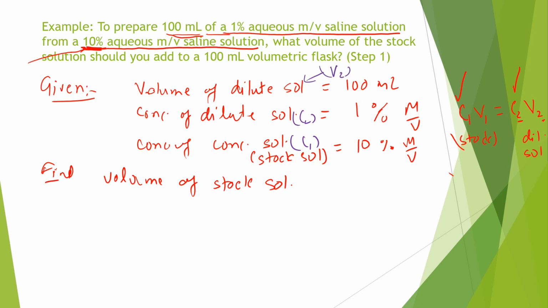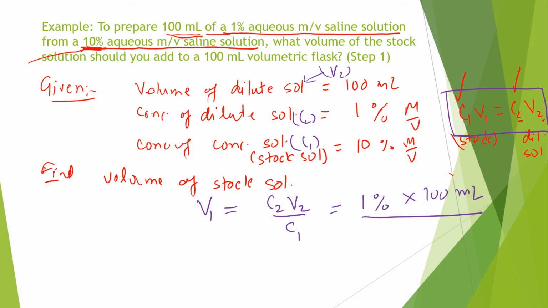So let's rearrange this equation. If we shuffle this equation to calculate the volume of stock solution, we get V1 equals C2 times V2 divided by C1. And let's plug in the values. C2 is 1% mass over volume and V2 is 100 ml.